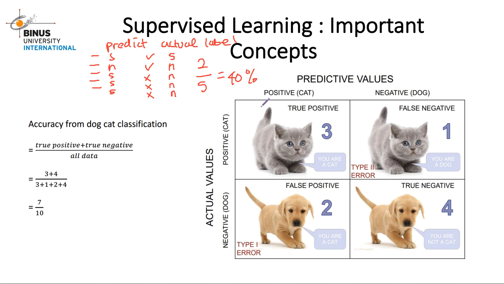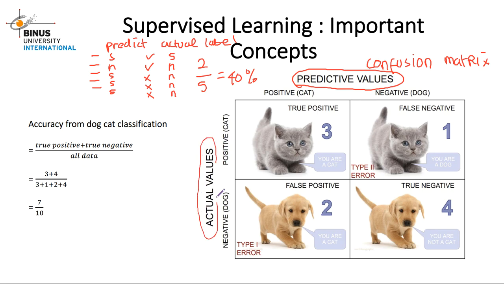Okay, so you can also use the confusion matrix. Yeah, confusion matrix is like the confusion. So you want to see whether your predicted values versus the actual values match or not. Okay, if you predict positive and the actual value is positive, you calculate this as true positive.